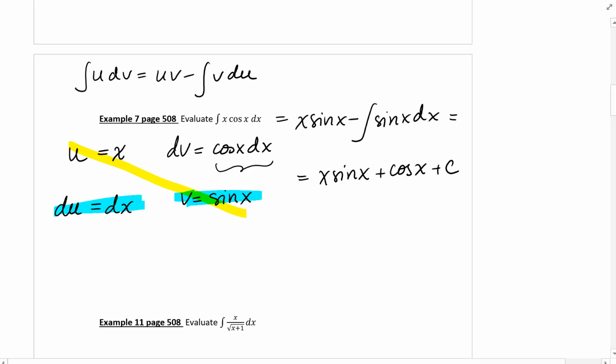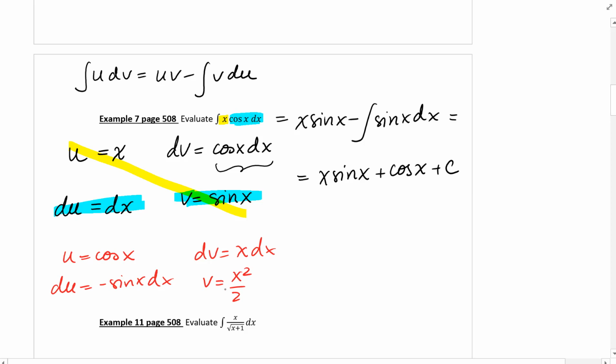So how did we choose our u and dv? Well, I try to use the u so that it's getting a power less. Just imagine, for example, if we used our u to be cosine of x, our du would have been negative sine of x dx, and then if dv was x dx, v would have been x squared over 2.